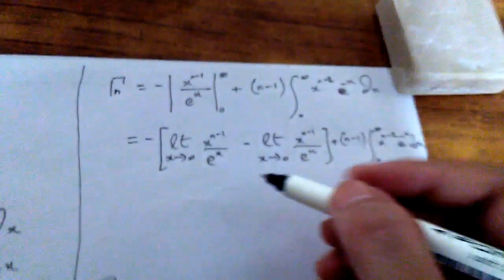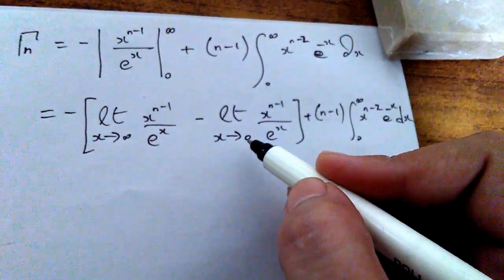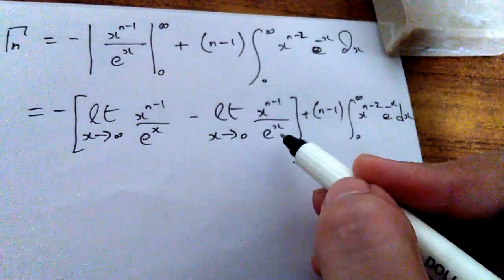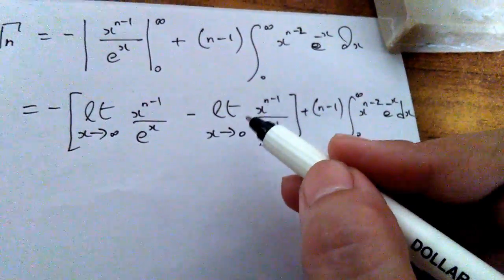Now you see, if I talk about this term, when I place 0 in place of x everywhere, then this thing will become 0, and this thing will become e power 0, which is 1. So overall I'm having a definite limit value, which is 0.